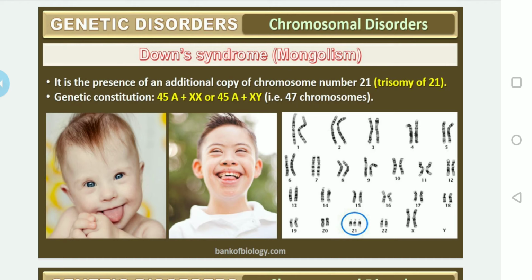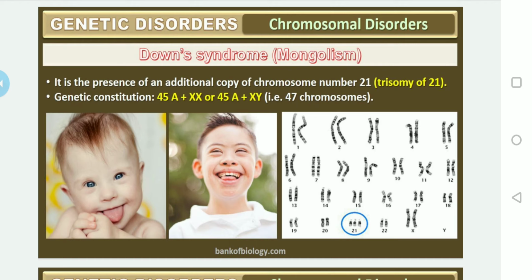This condition, that means Down syndrome, can be seen in both males and females. In the male, the chromosomal complement is 44 autosomes plus XY. In the female, the chromosomal complement is 44 autosomes plus XX.